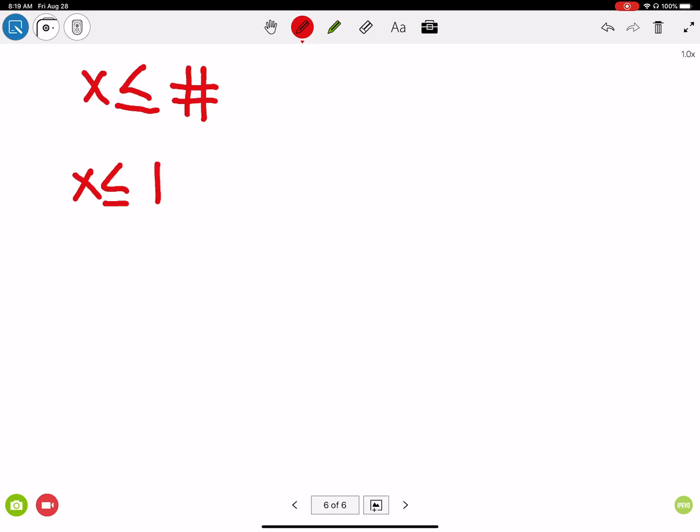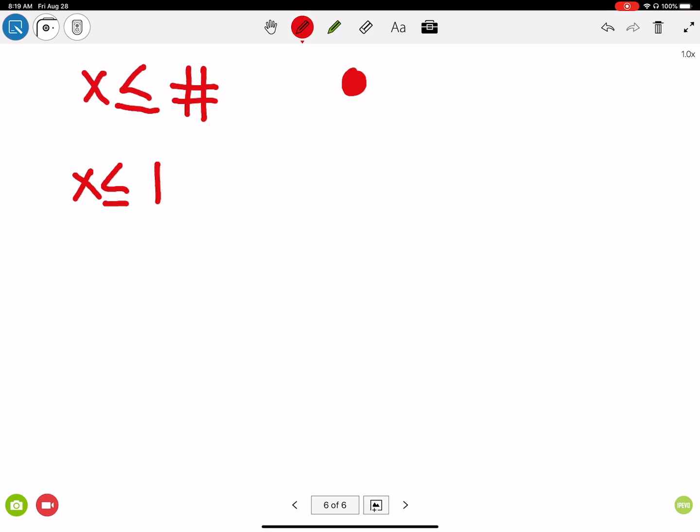If x is less than or equal to 1, well, this time, can x be 1? Remember, it's less than or equal to, right? So can x be 1? Yes. So to show that x can be 1, now instead of leaving it in an unfilled circle, I'm going to fill that circle in to show that I'm including it. Okay, this is the inclusive circle. The filled in circle is the inclusive circle.